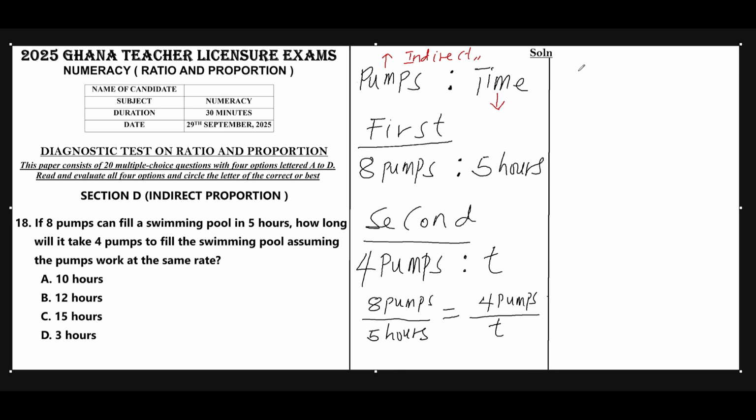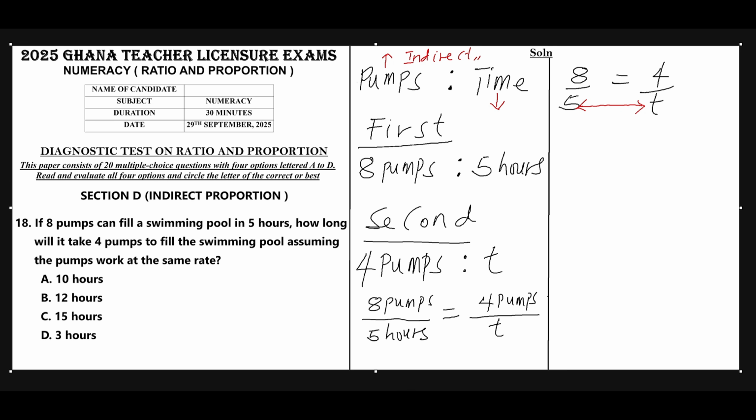So we have 8 on 5 being equal to 4 on t. So since this is an indirect proportion, we need to interchange one of the quantities. We can choose to interchange either the number of pumps or the time.